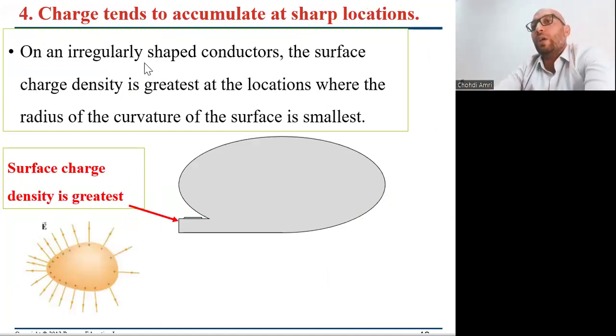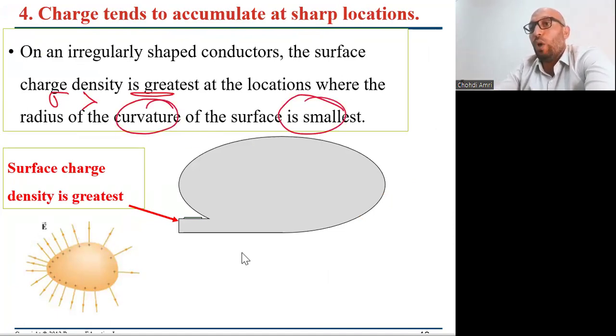For example, for an irregularly shaped conductor, the surface charge density sigma is greatest at the location where the radius of curvature is the smallest. When we have a small radius of curvature here, sigma in this case, let's say this is sigma 1.